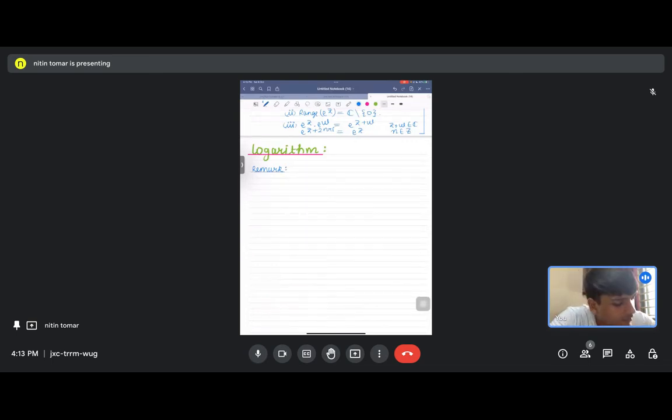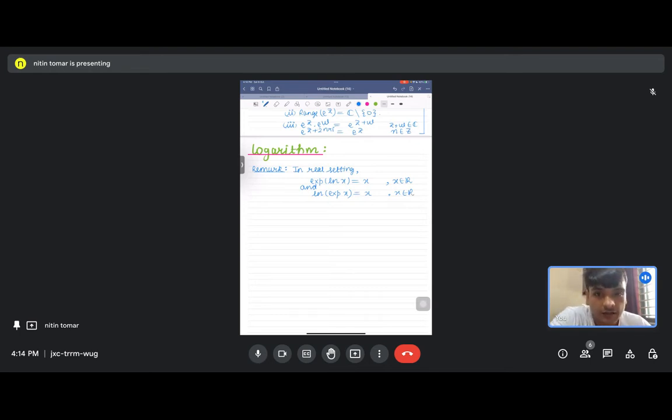In the setting of real numbers, we know that exponential of logarithm of any real number x is x, correct? And log of exponential of x is again x itself.